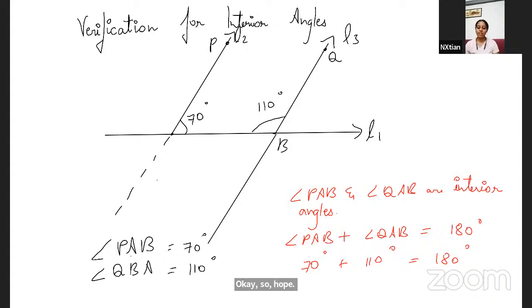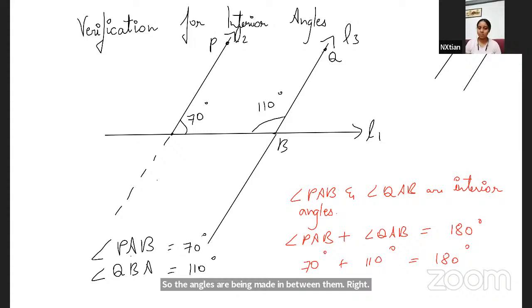Now these parallel lines are slanted like this. So the angles are being made in between them, right? In between these two.